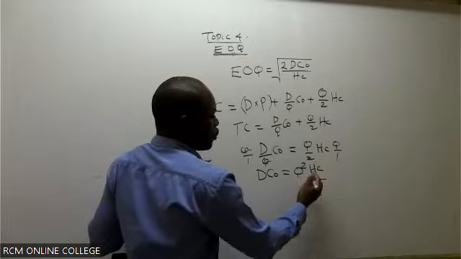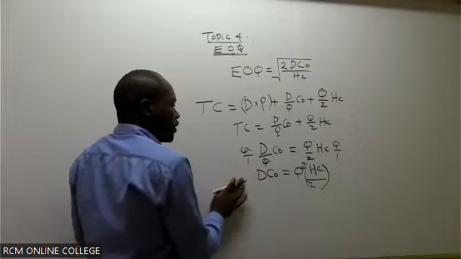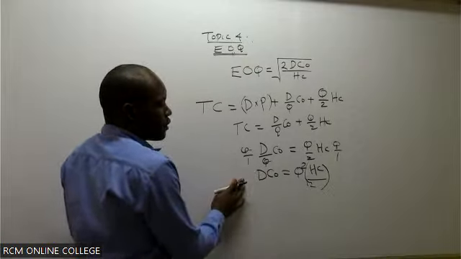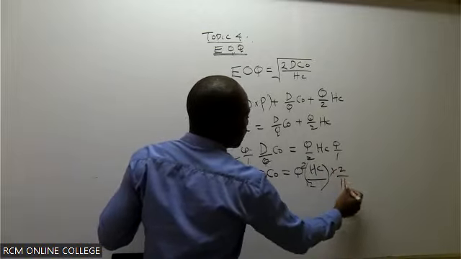Once you get to this point, why can't you transfer this section to the other side of the equation by multiplying with the reciprocal?